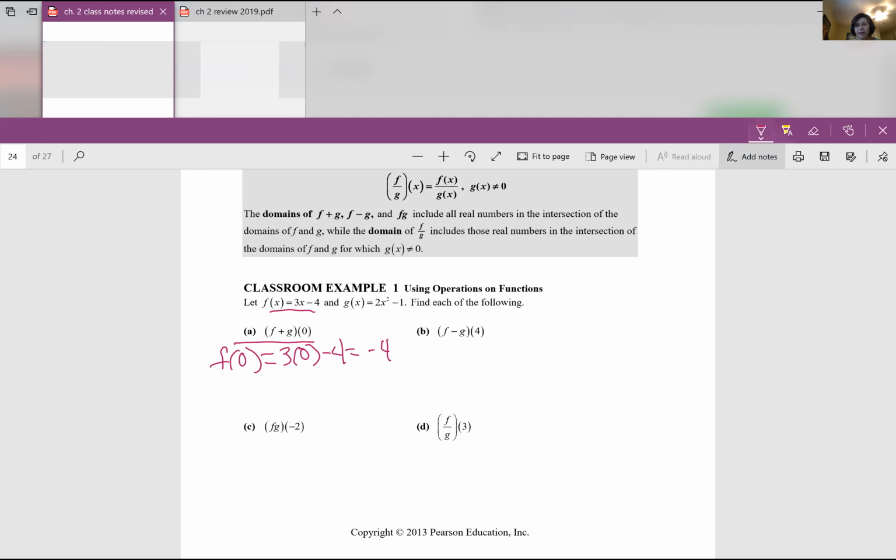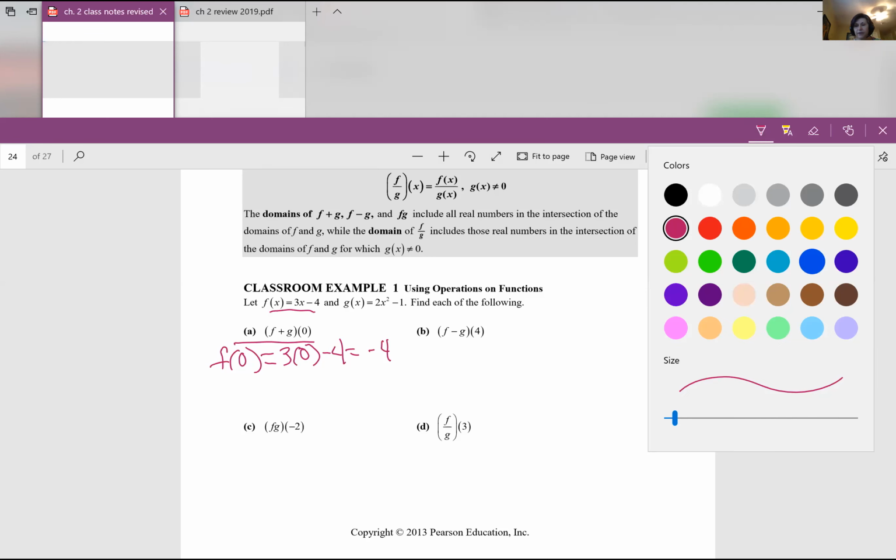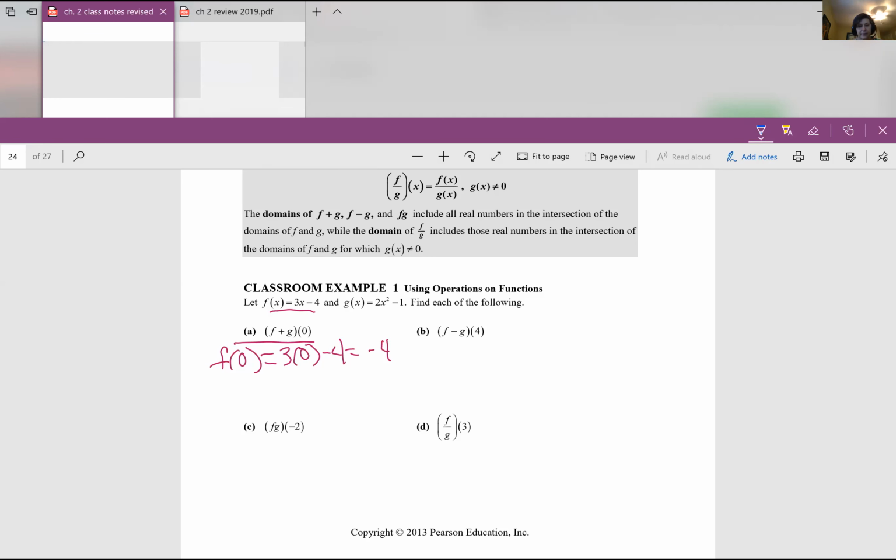Then I'm going to have to do what? What do you think? I'm going to go to the g function and I'm going to find out what g of 0 is. So I'll put in 0 for x in that one, and that's 2 times 0 squared minus 1. Well, what would that equal? -1.